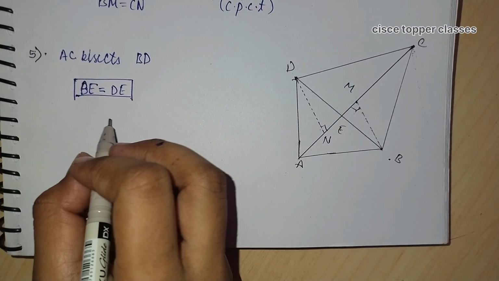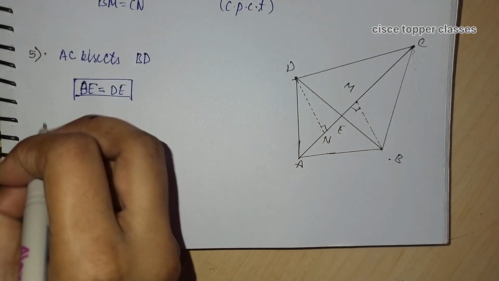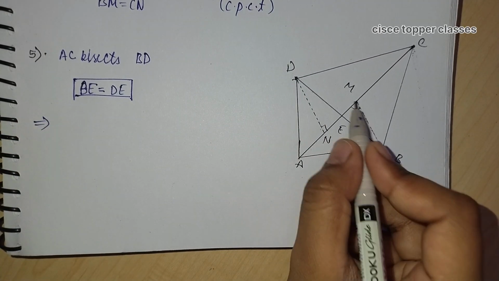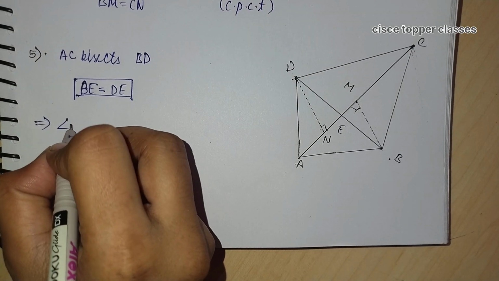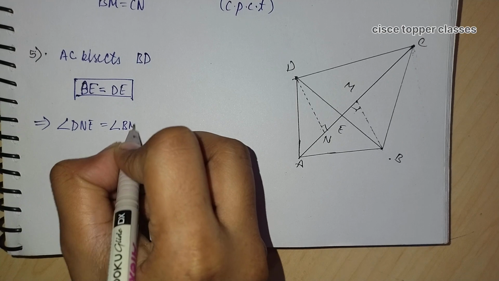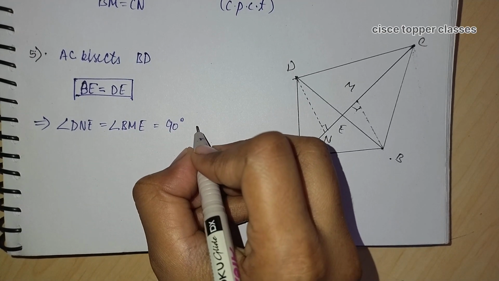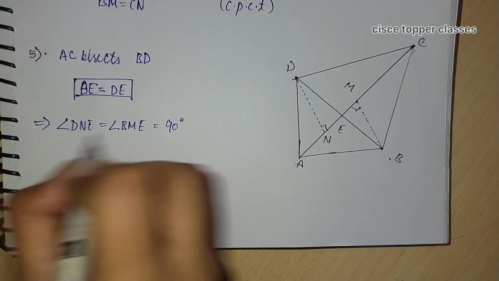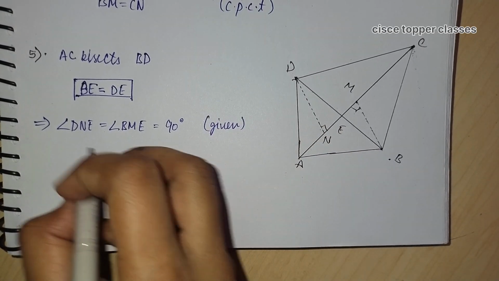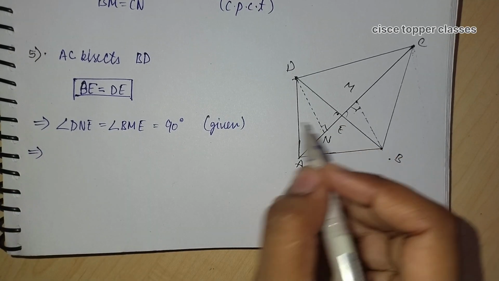So to prove this, we can simply write that these two triangles are congruent. We have to prove. So from here we have perpendicular and this is also perpendicular. So angle DNE is equal to angle BME, which is equal to 90 degrees. So this is perpendicular, hence it is given here also. The second thing which is here, these are the vertically opposite angles.